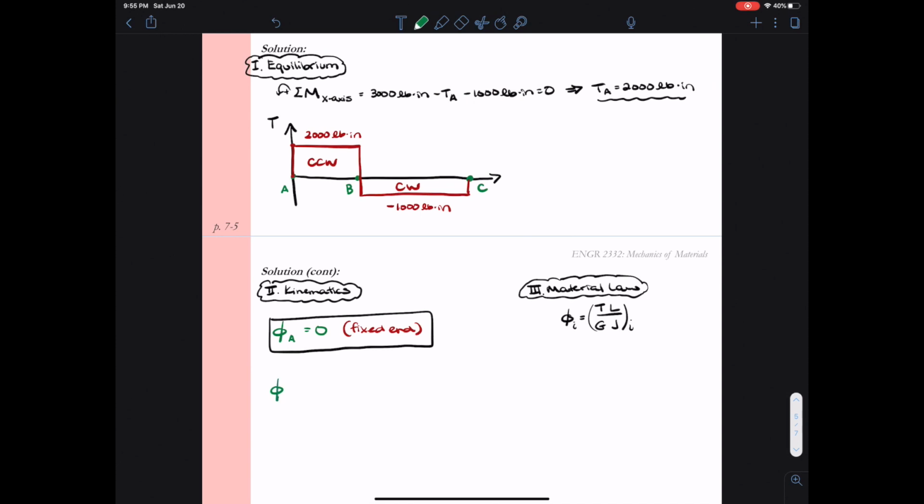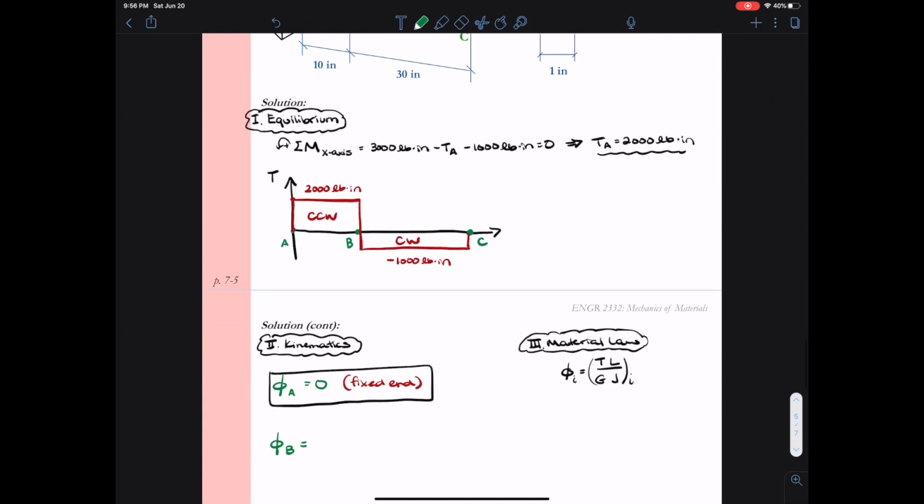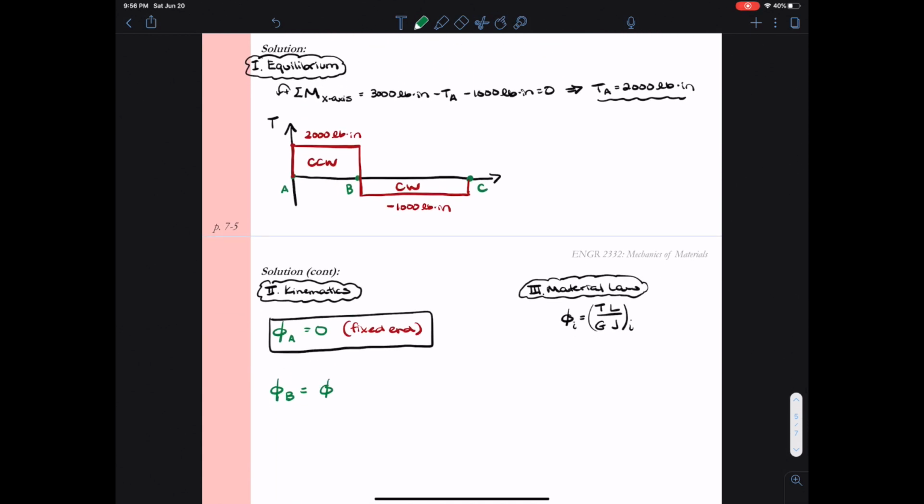So like we did for axial forces, the total angle of twist at point B is going to equal the angle of twist at point A, our fixed location, plus the change of B relative to point A. So I like to think in these kinematics conditions, as I work with a statically determinate system, I can work from the side that's fixed and work myself away to come up with the deflections.